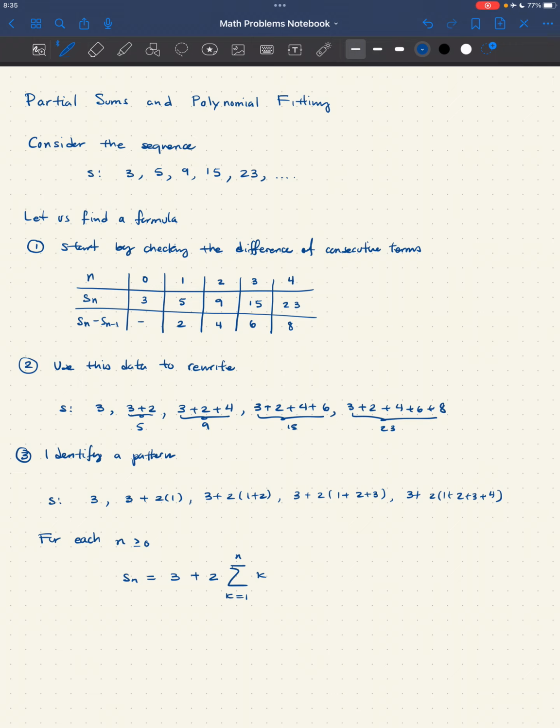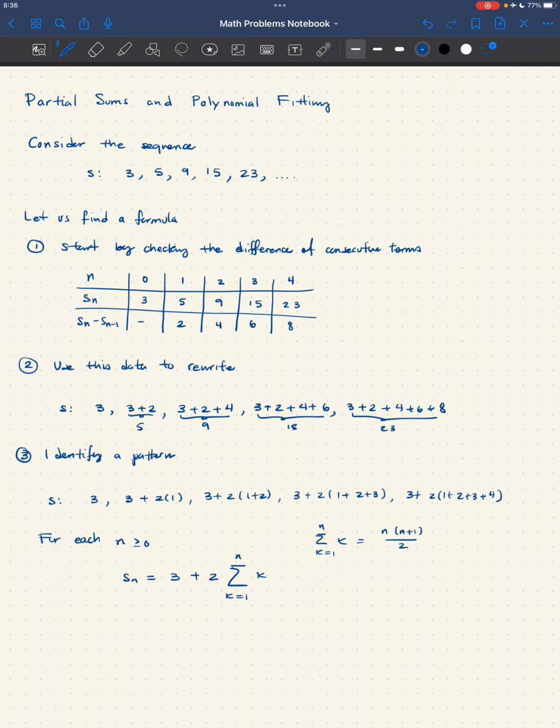And yes, of course, something that we have to recall is that a sum of this kind, running in this fashion, is equal to n times n plus 1 divided by 2. You may use the Gauss trick in order to prove it.